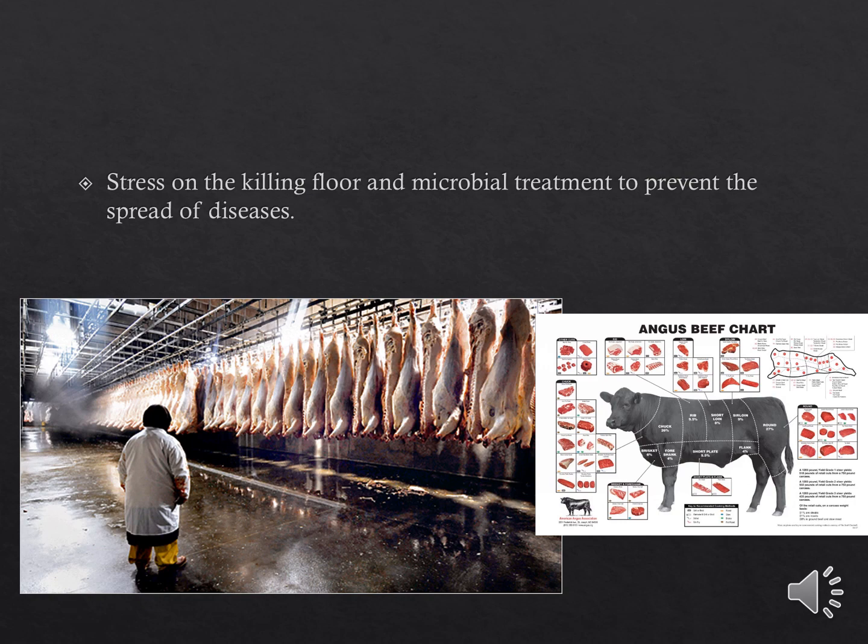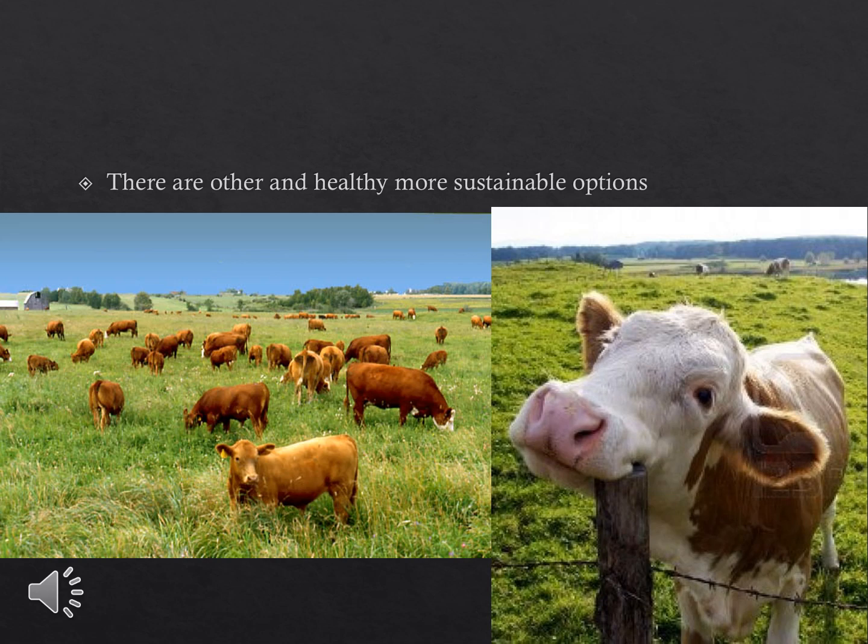So those carcasses are sprayed with more antibiotics and more antimicrobials. What that means is that we dump a lot of money into removing bacteria rather than preventing it from happening in the first place. Hopefully you've read the article, and I'm really excited about our video documentary this week.